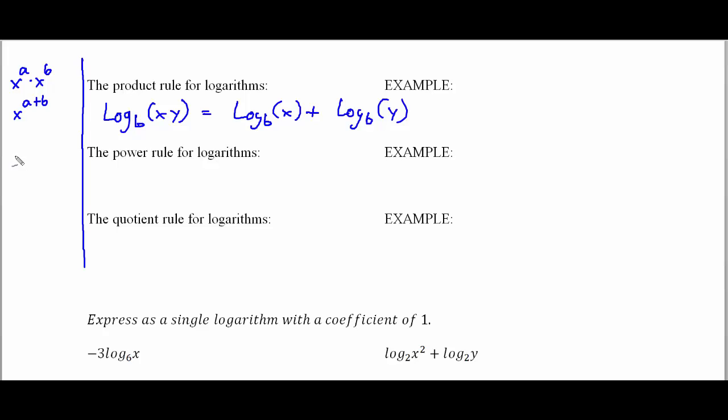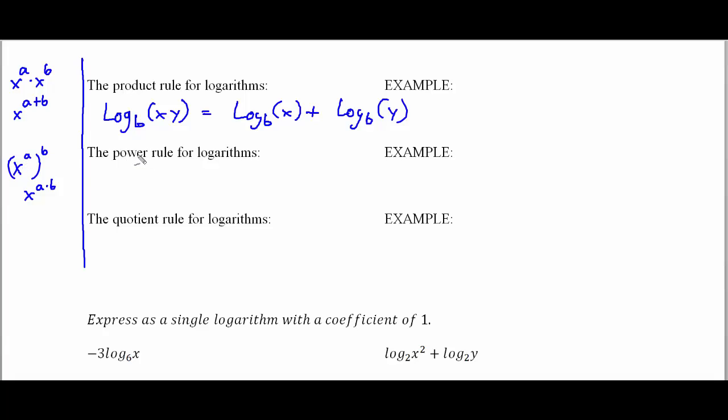Over here, the power to power rule says if I have x to the a raised to the b power, I will then have a times b in that corner parenthesis, because this is like saying I want b of those a's. For example, if this was x cubed to the fourth, that's like saying I want 4 3-packs.